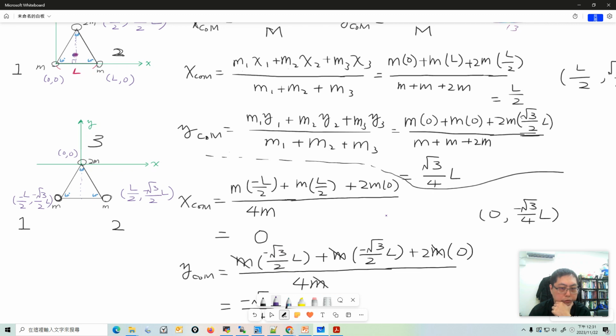I think I calculated something wrong here. I think it's here, but the position is right. But the position is kind of changed.